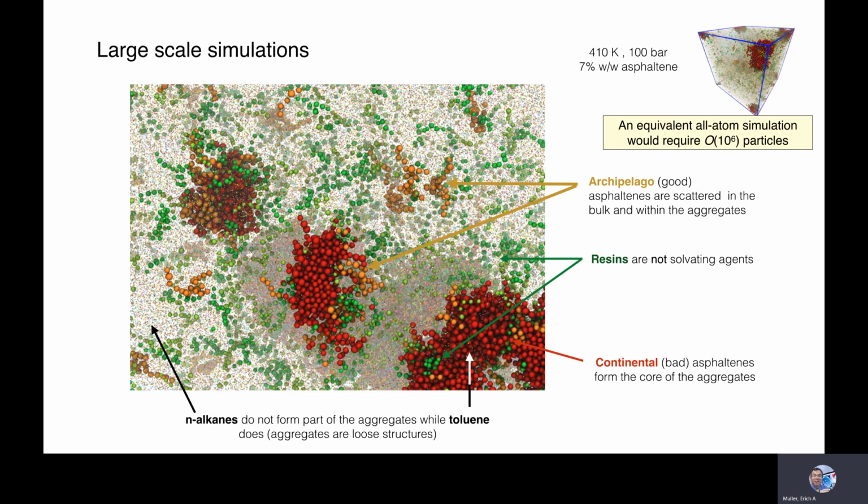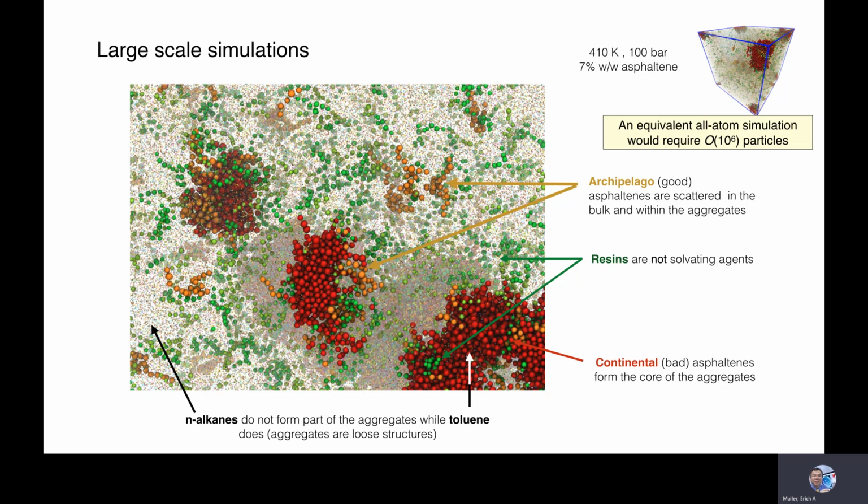Resins, which are intermediately small molecules, and in some probably wrong theories, are described as peptizing agents that could solubilize, or these clusters are seen to be very well spread and very well diluted in the system. Toluene is seen to form part of these clusters, while alkanes, for example, are seen to stay away from the clusters.